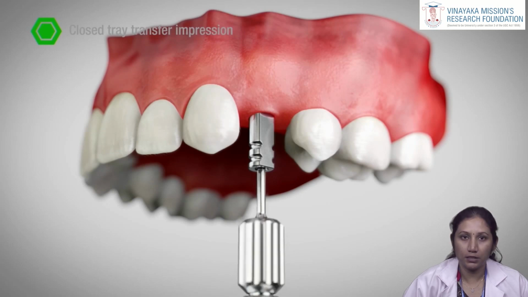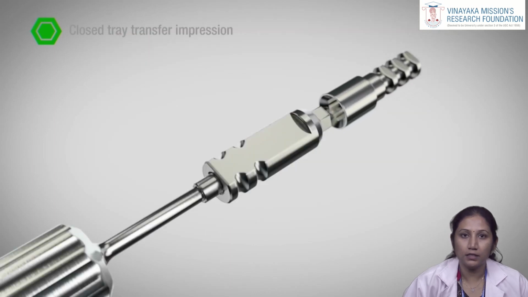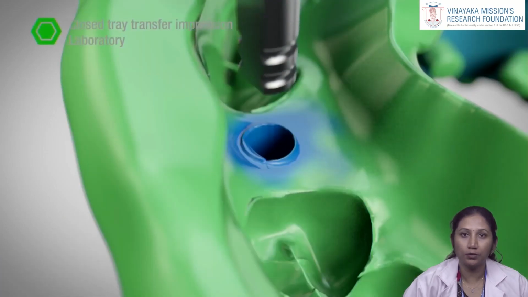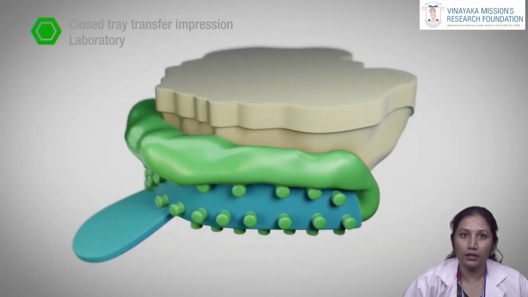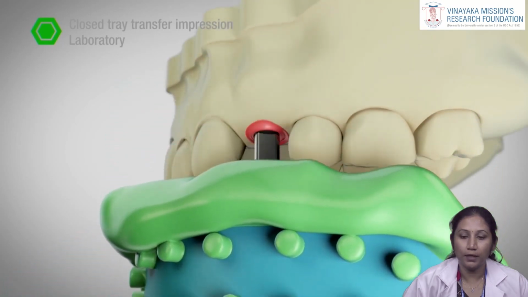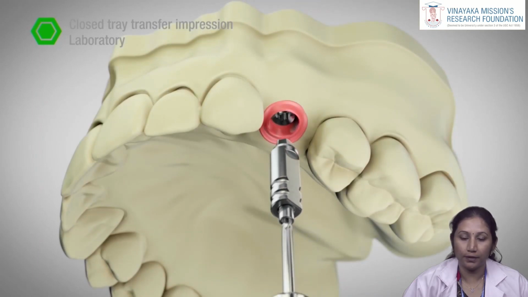Once the impression is made, the closed tray impression post is removed from the implant assembly and then it is assembled to the implant analog. The whole assembly is then reinserted into the impression with the same orientation. A gingival mimic material is flown on and the cast is fabricated. So the cast obtained is ready to receive the prosthetic component.